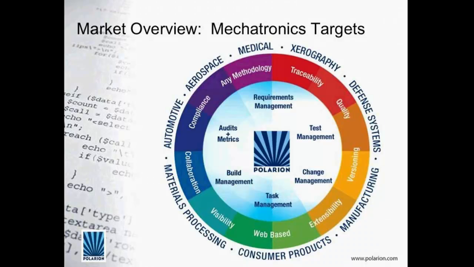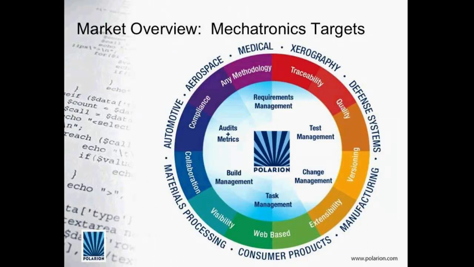We see that the needs for traceability and quality and developing requirements and maintaining change management are all present in various forms. In the aerospace and medical industry, there's a heavy need for compliance and regulatory solutions so that audits can be performed and defended through the product development cycle.